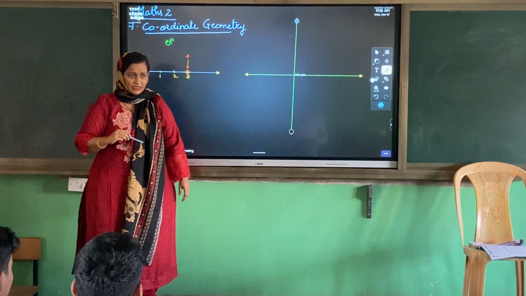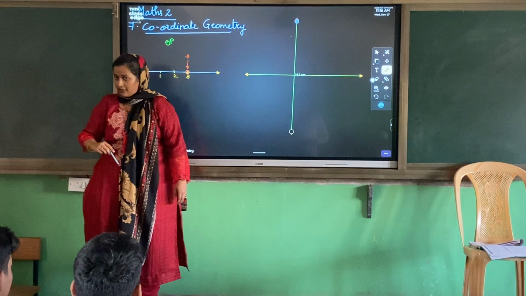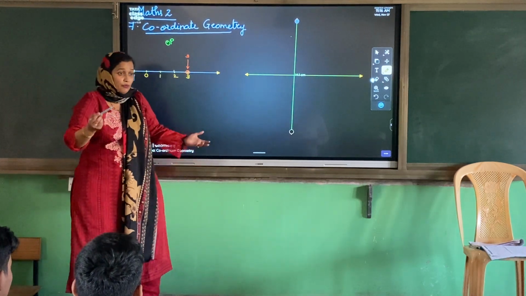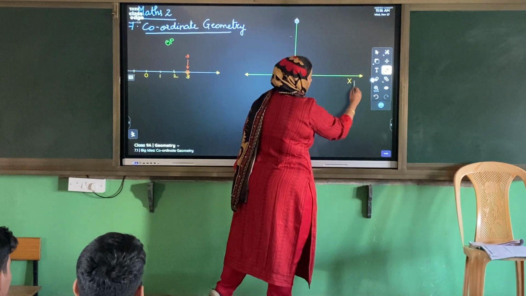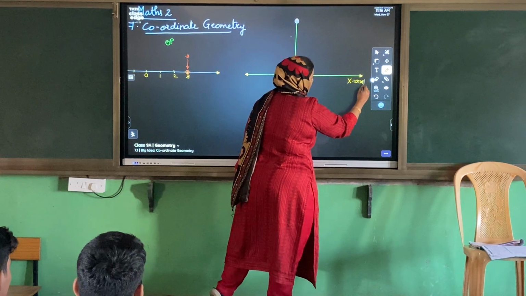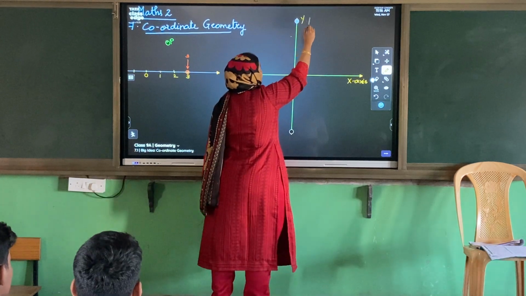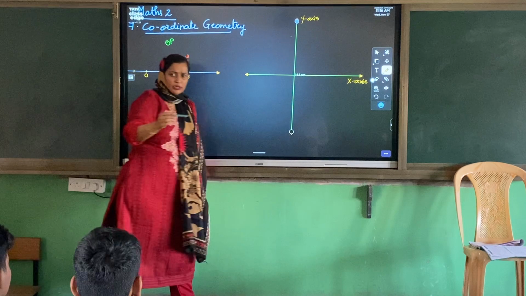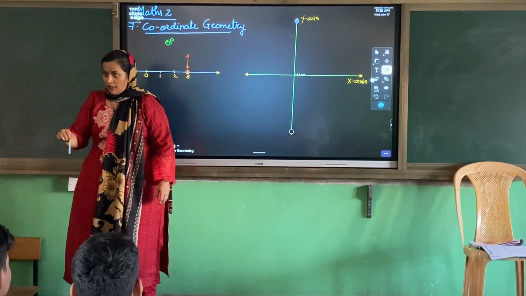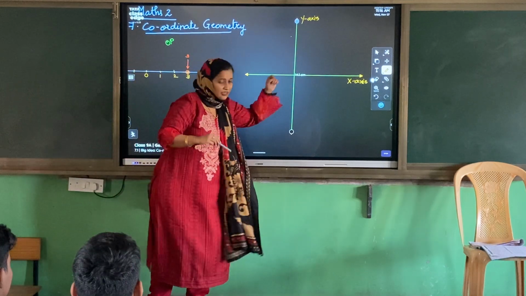Two lines which everyone can see. One is the horizontal line and one is the vertical line. The very first thing is that we are going to mark which axis is which. The horizontal line is called the x-axis. The vertical line that you can already see is the y-axis. Both these axes meet somewhere.